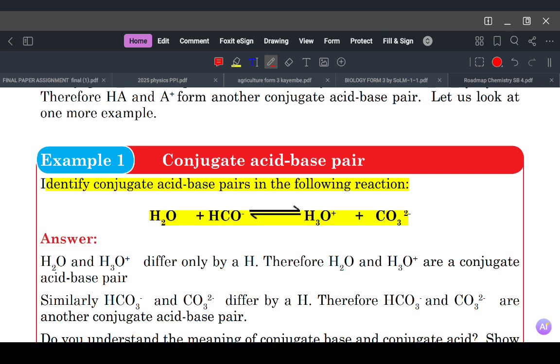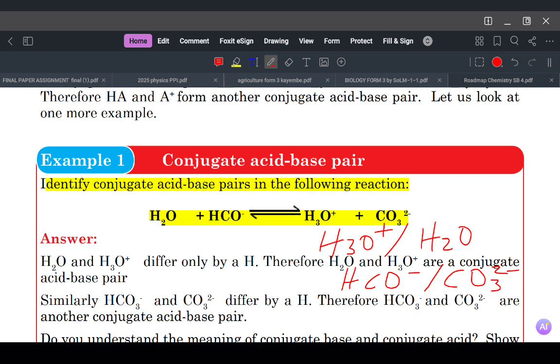So when writing this, you have to say H3O+ stroke H2O. And the other one will be HCO3- stroke CO3 2-. So make sure that the one that has the most hydrogen is listed first.